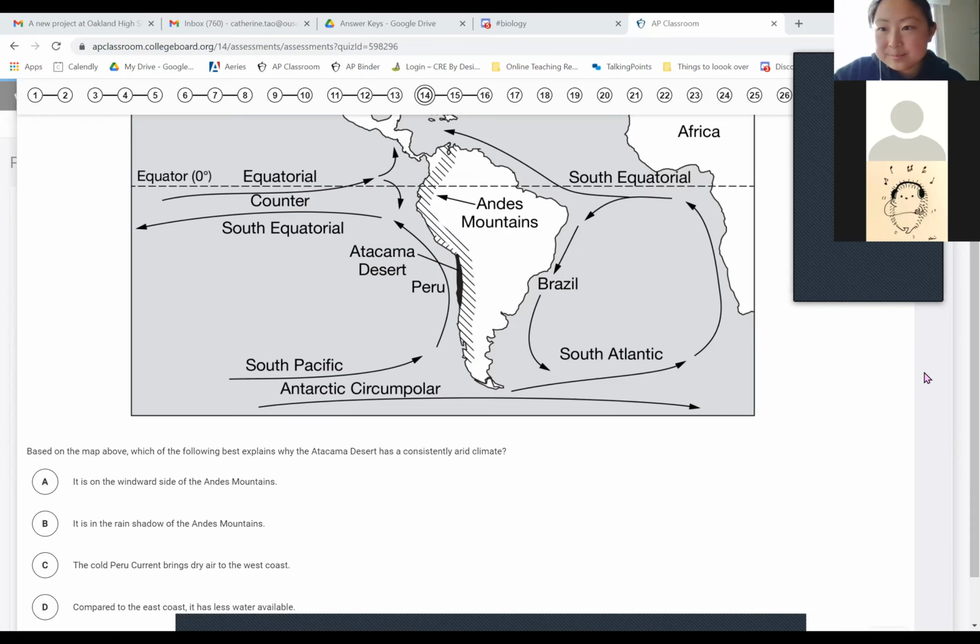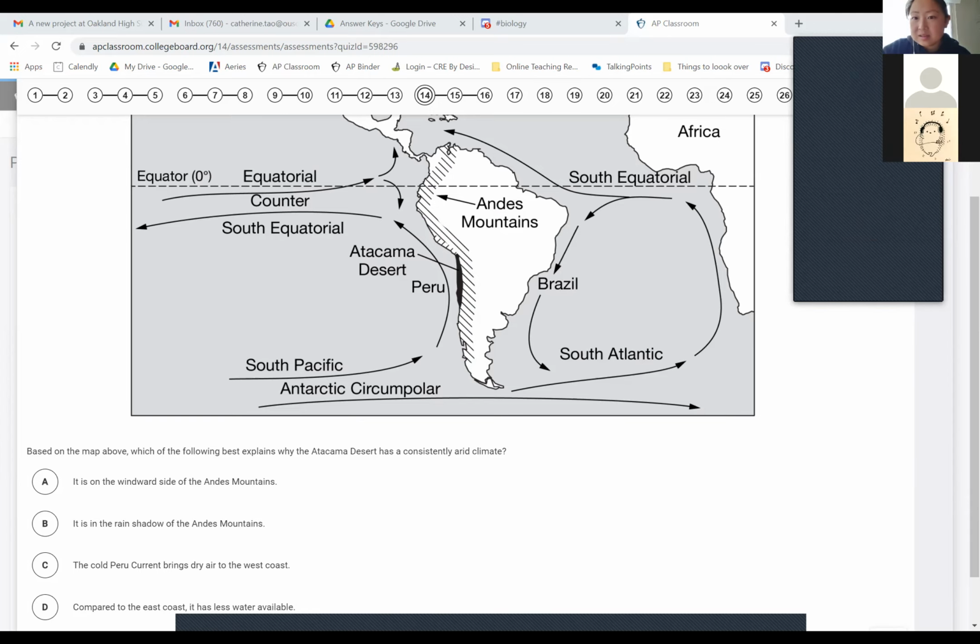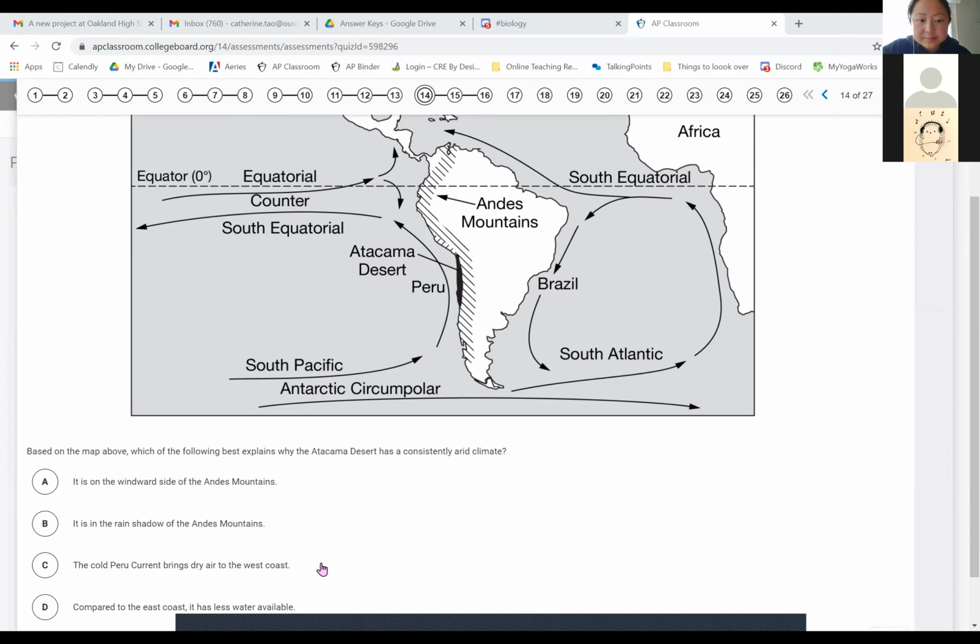I think my first thought just goes to process of elimination. So I guess A would be the one that I would choose because the windward side is near the coast of the Andes Mountains, but like what Richard said, that would mean the desert would have more moisture.